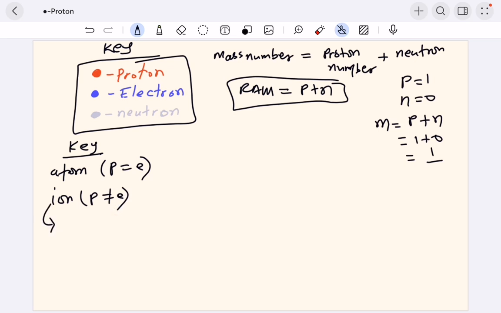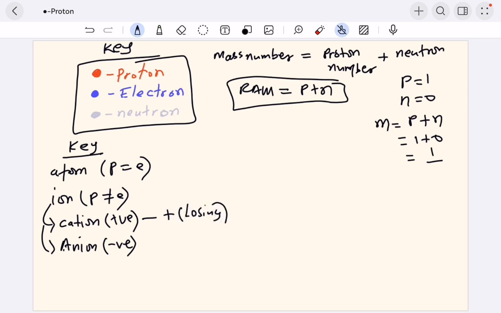For the ion, we have a cation, which is a positively charged particle, and an anion, which is a negatively charged particle. Positive means losing electrons, and negative means gaining electrons.